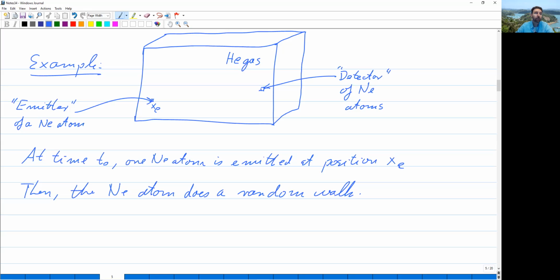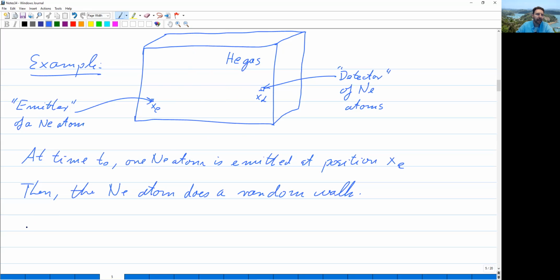And we let this go for a while, and that means that our neon atom that was emitted over here at XE, we can go on a random walk anywhere in this box. It might go over here, then there, then there, then there, but anywhere it wants. And then our detector here is at position XD.